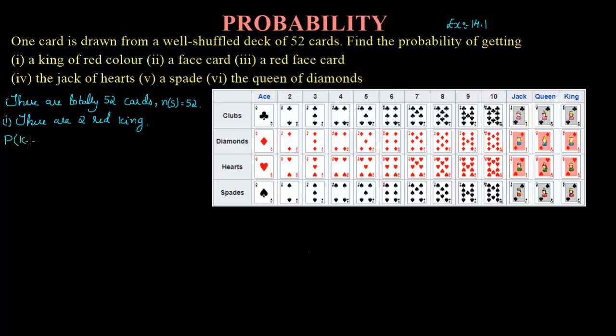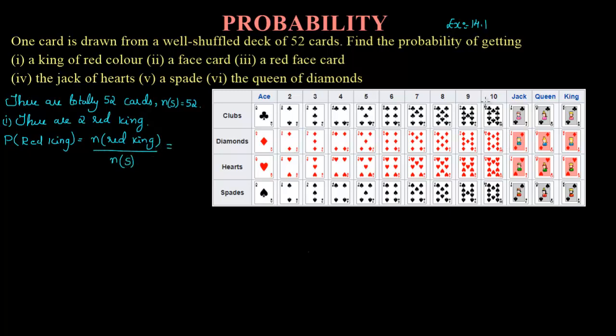So we are finding the probability of getting a red color king. So P of RK, let me write. Red color king we are finding, no? So n of red color king, or you can just write the full form if you are getting confused. Write red king or red color king, is equal to the total number of red color kings divided by n of S, the total number of cards.